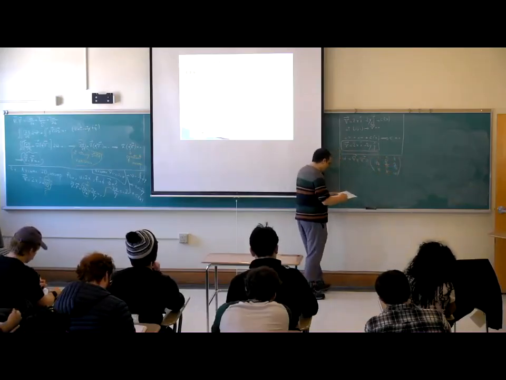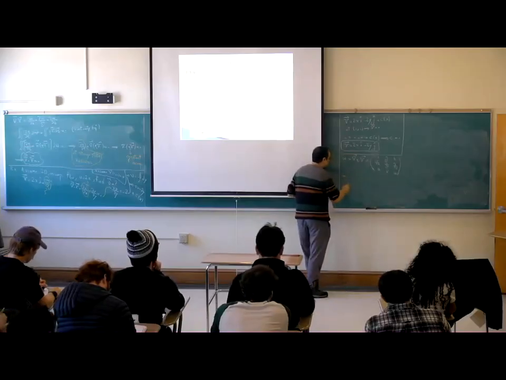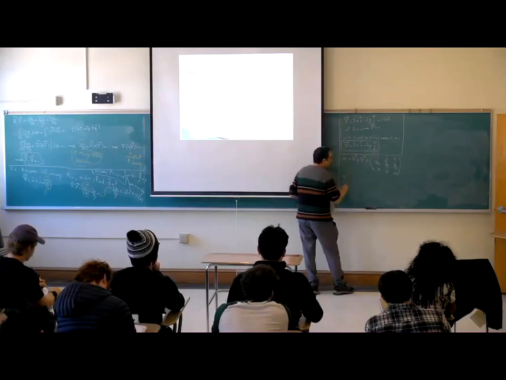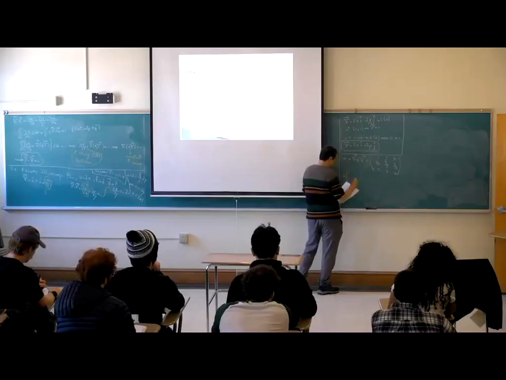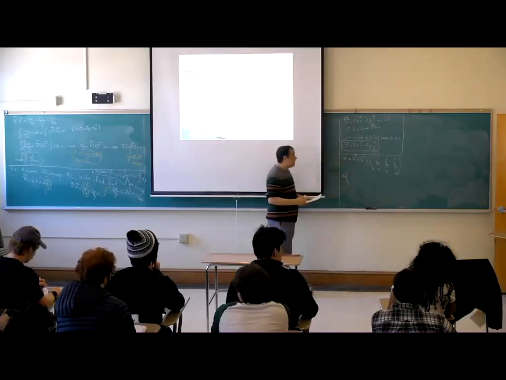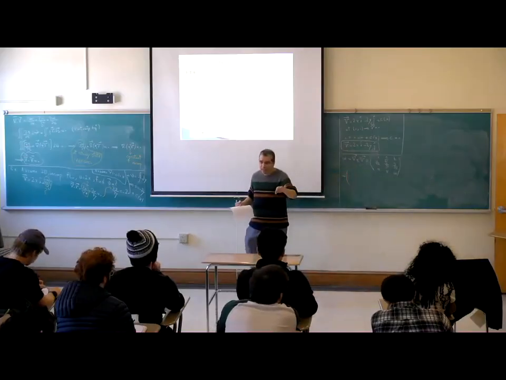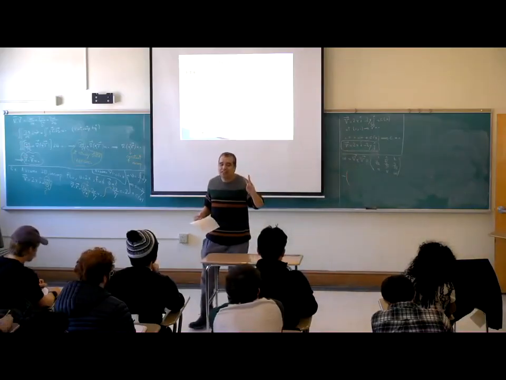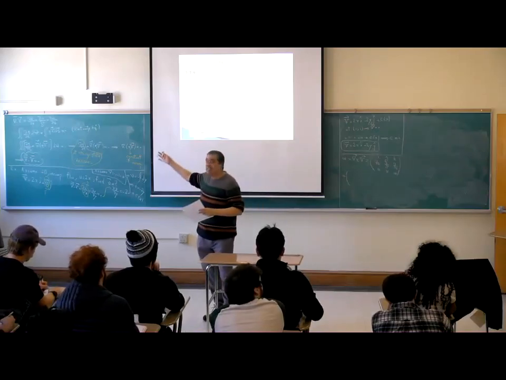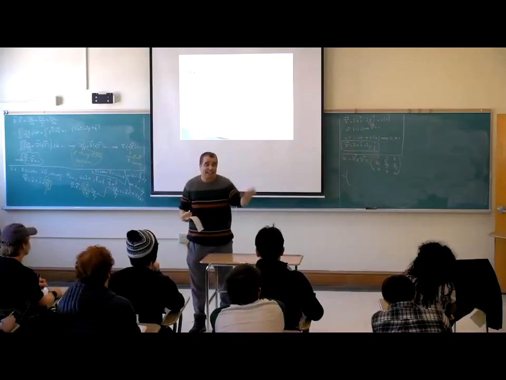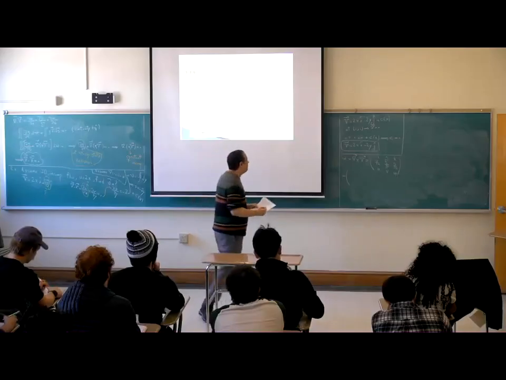So it is equal to... The curl of a vector is a vector. Okay? The gradient of a vector is a tensor. The divergence of a vector is a scalar. The curl of a vector is again a vector.